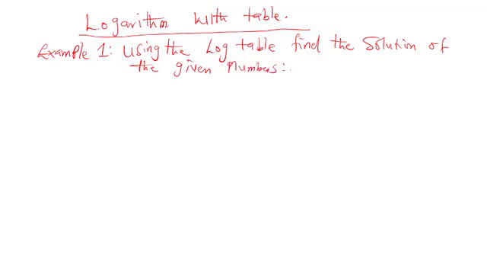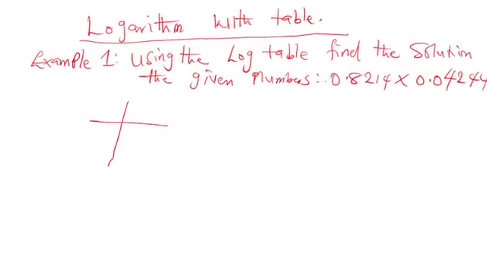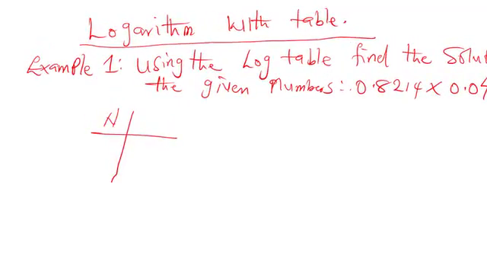So the numbers are 0.8214 times 0.04244. Remember, we want to talk about logarithms with table. You write the number and the logarithm.